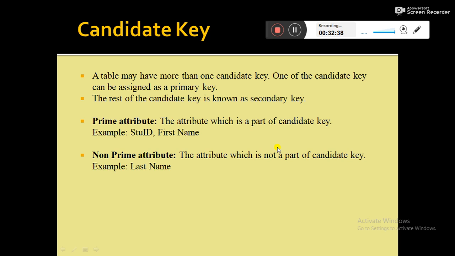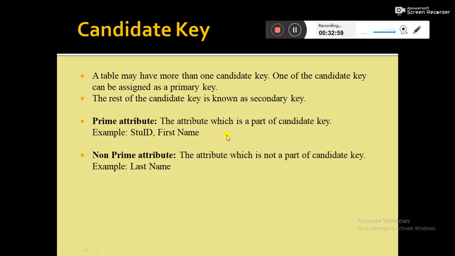You have to check whether the attribute last name is part of this candidate key or not. Obviously, last name is not a part of this candidate key. So last name is not a prime attribute. So last name is a non-prime attribute. The attribute which is not a part of a candidate key is known as a non-prime attribute.